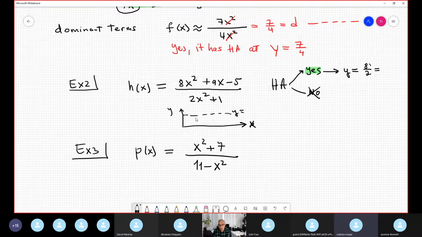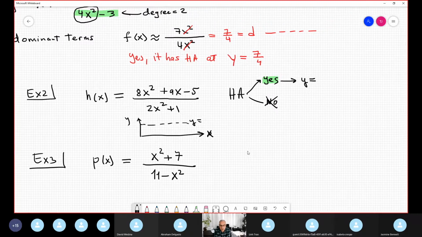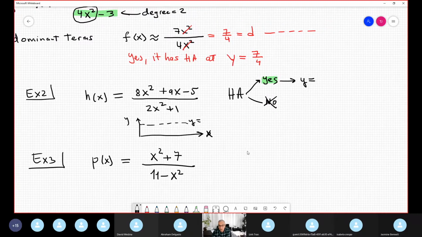Okay, you don't need to repeat my step again. You automatically see, you take the dominant and the degree is the same, so 8 over 2. But 8 over 2 is 4, no? That's it.